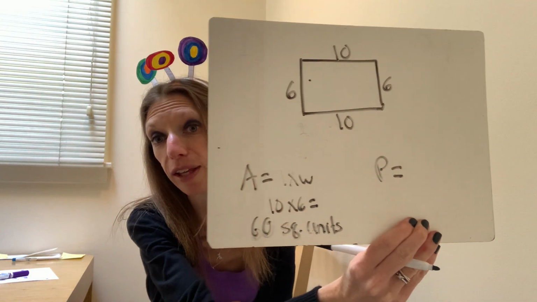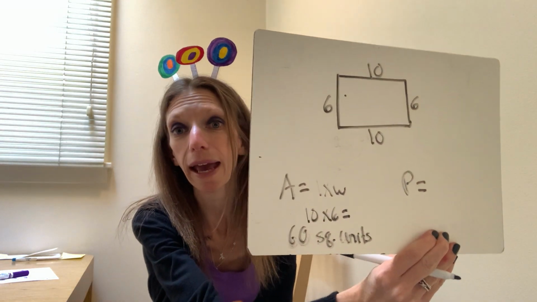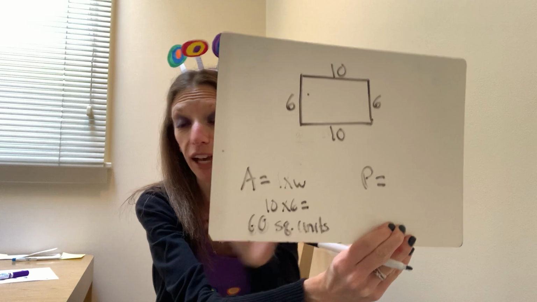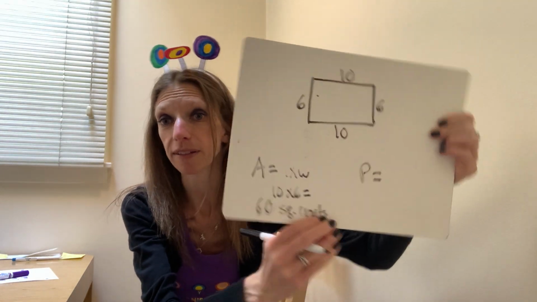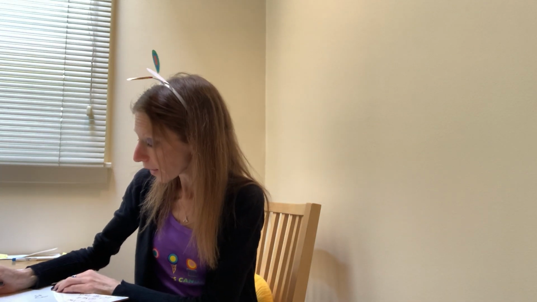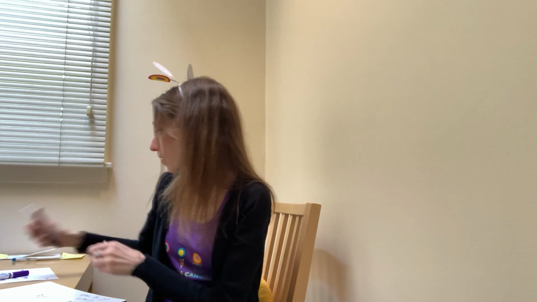To figure out the perimeter, we have to add up all the sides. So not just 2 of them, all of them. So we go 10 plus 10 plus 6 plus 6. And you can do that right out on the side. You can even group it as 10 plus 6, 10 plus 6, and add those 2 together, however you want to do it. I'll do it on a sticky note.